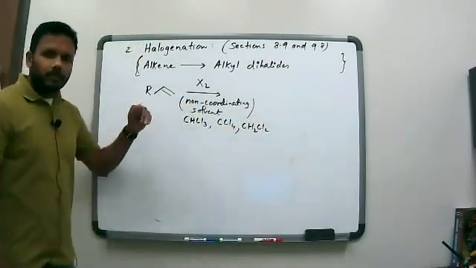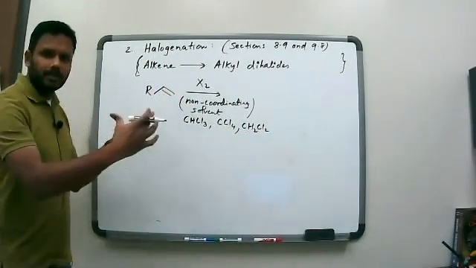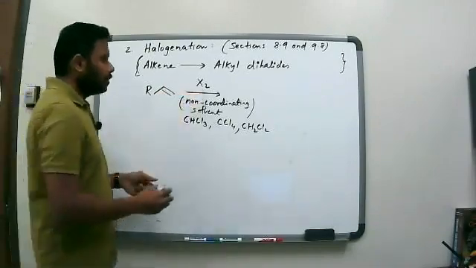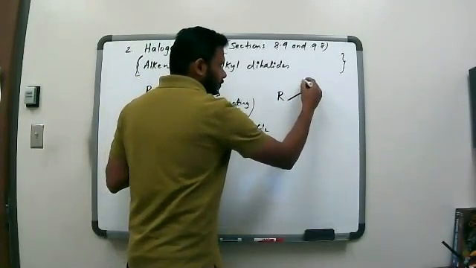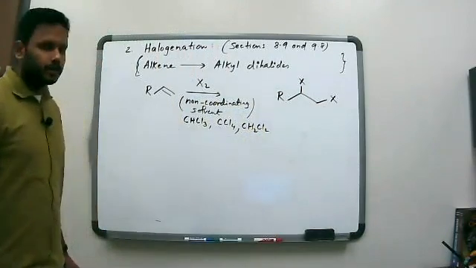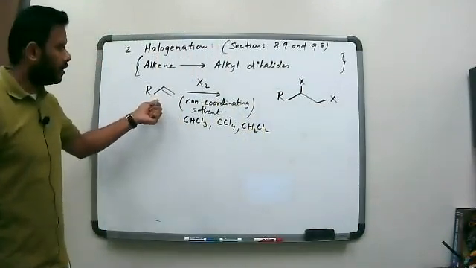So again, since alkenes do addition reactions, things add to the alkene. We have the alkene here and we have X2. So the product that we get here is one where the halogens add to the two carbons that were previously part of the pi bond, of the double bond.